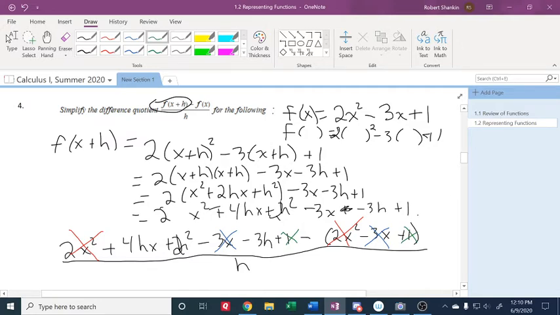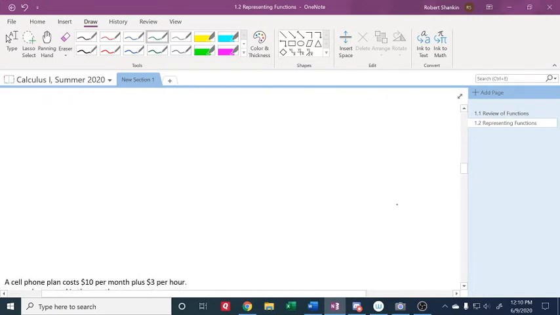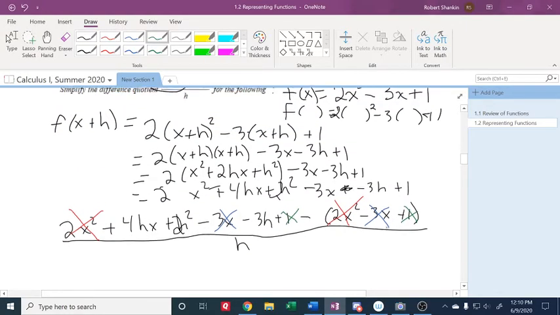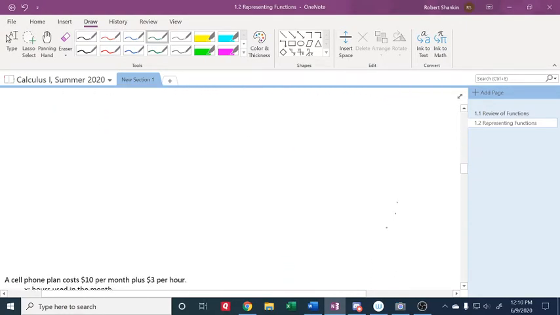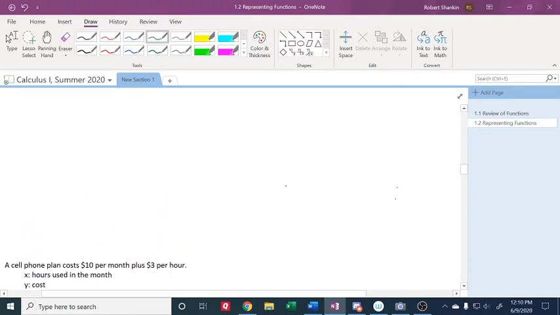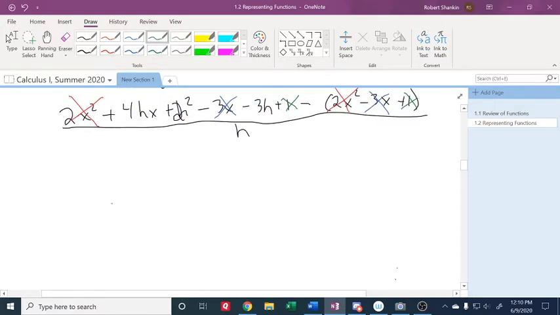Let's scroll down a little bit. Alright, I'm still figuring this stuff out. There's a little delay here. So then this is equal to, now everything that's left over has an h in it.